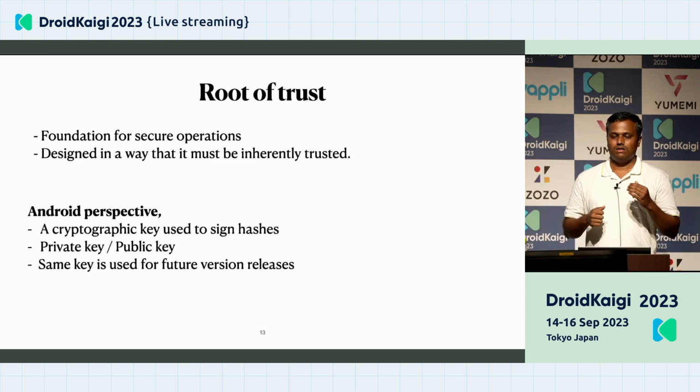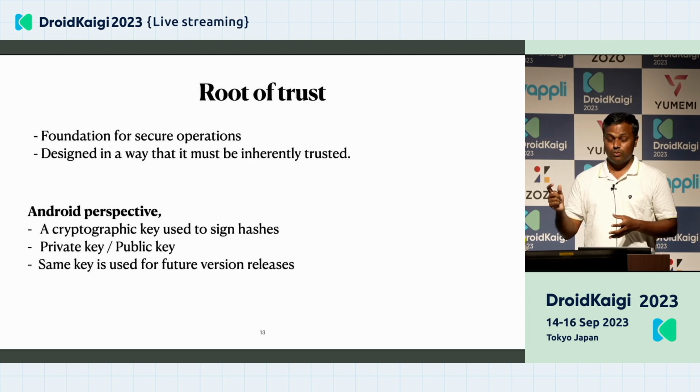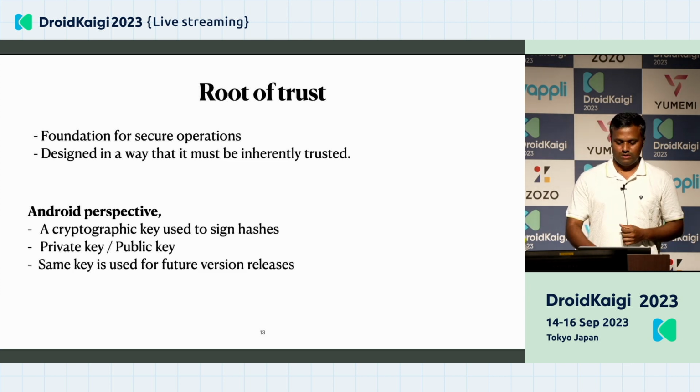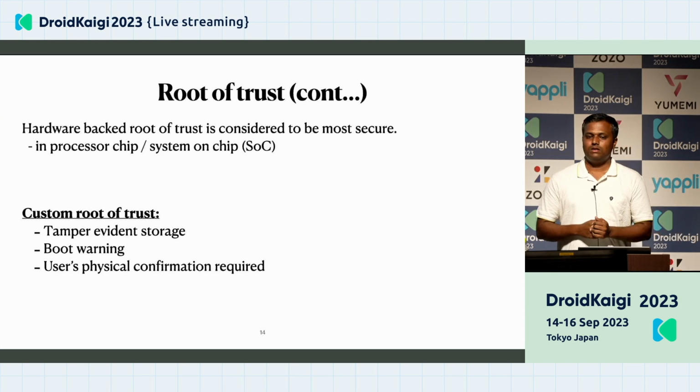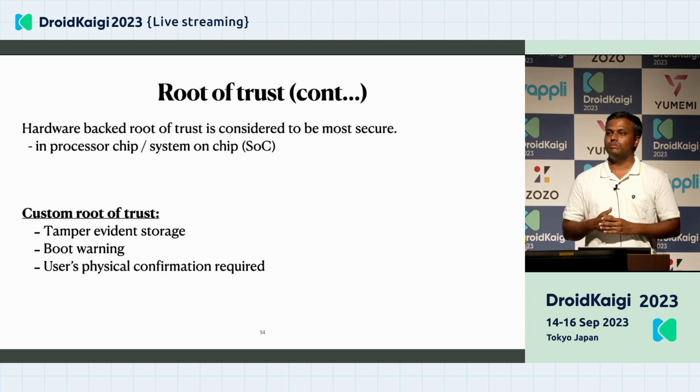And later, at the Android OS level, the OS image will be verified with the public key. The same key is used for future version updates as well. The hardware protected root of trust is considered to be the most secure one.